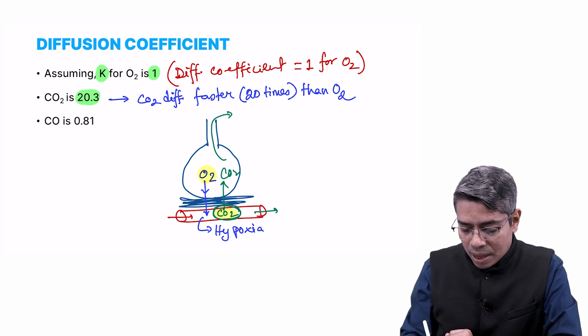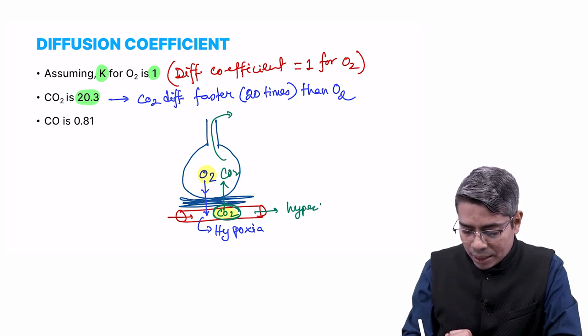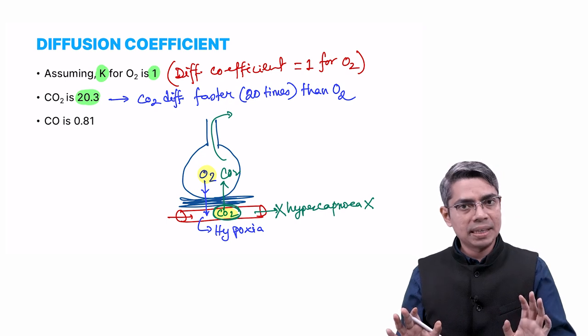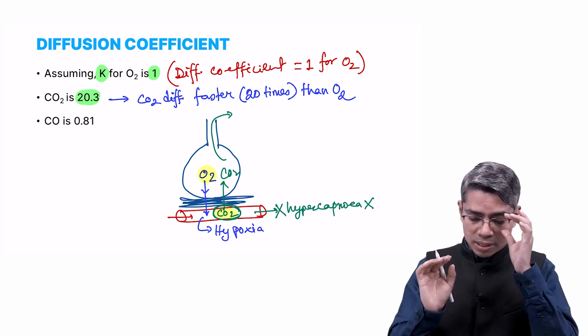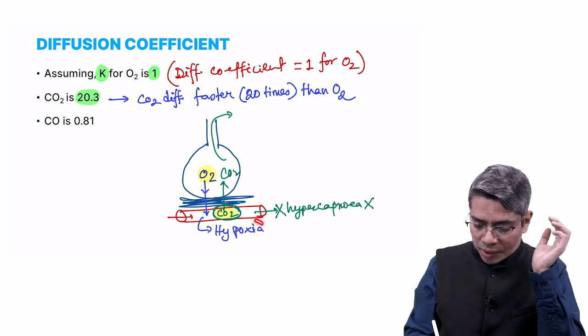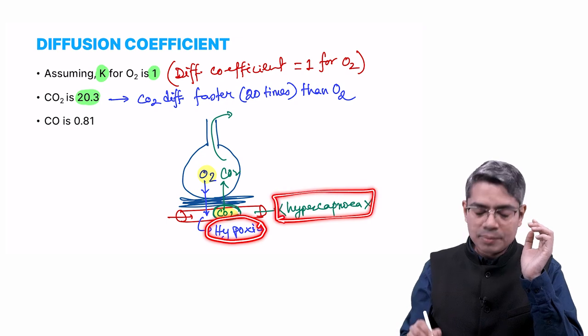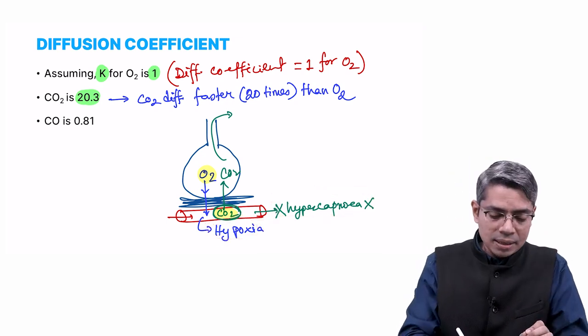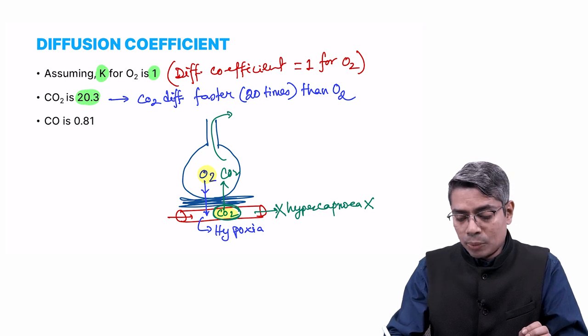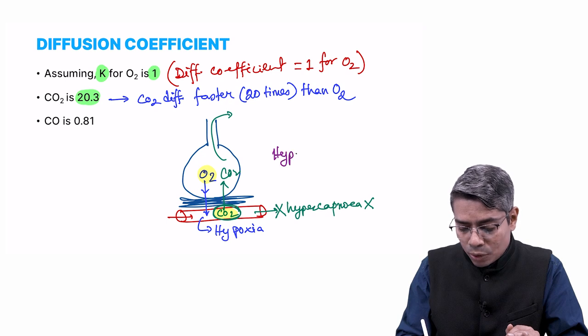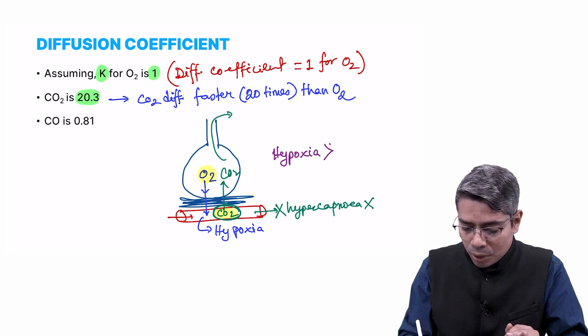That means hypercapnia is not going to happen in the blood. Getting my point? So for the same problem, although the person is suffering from hypoxia, the person is not suffering from hypercapnia. And that's why we say that in most respiratory diseases, hypoxia is more common than hypercapnia.